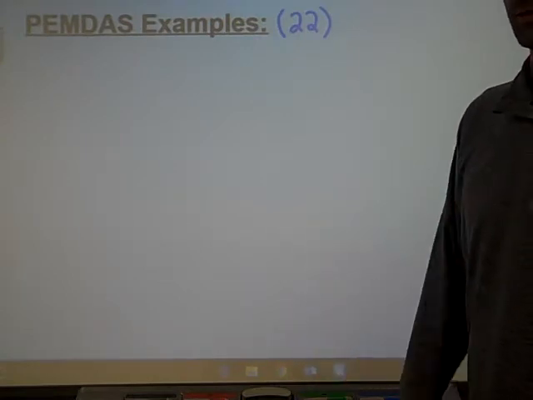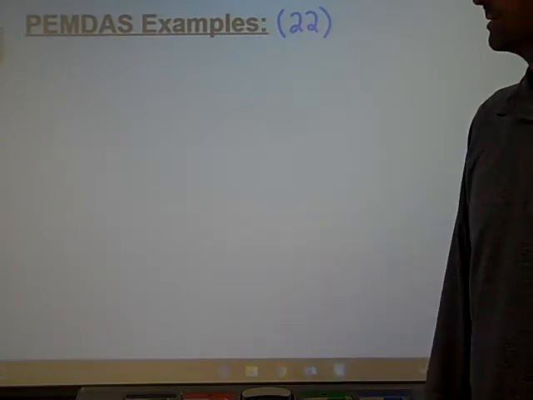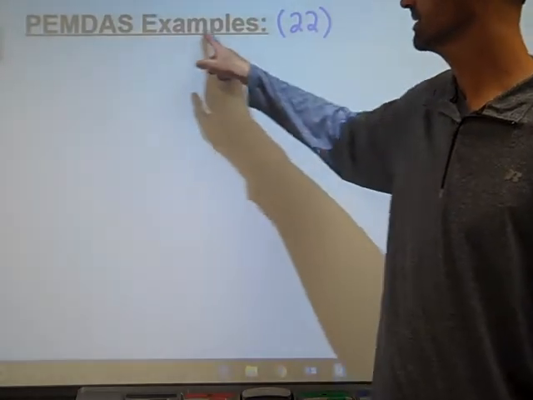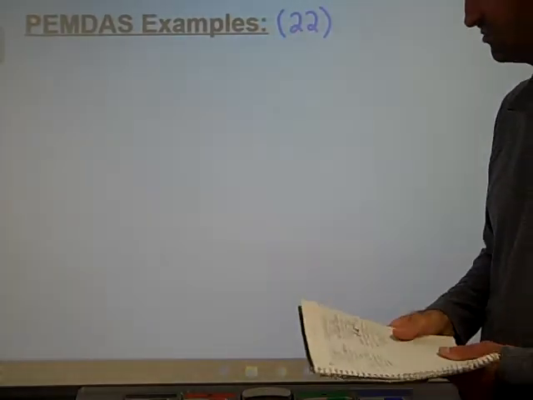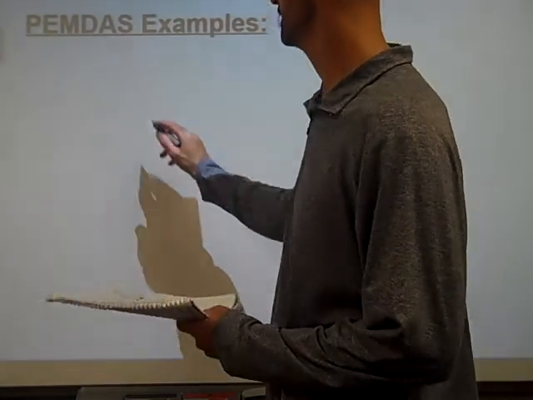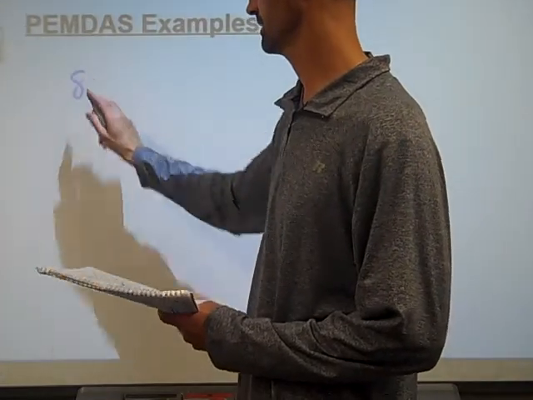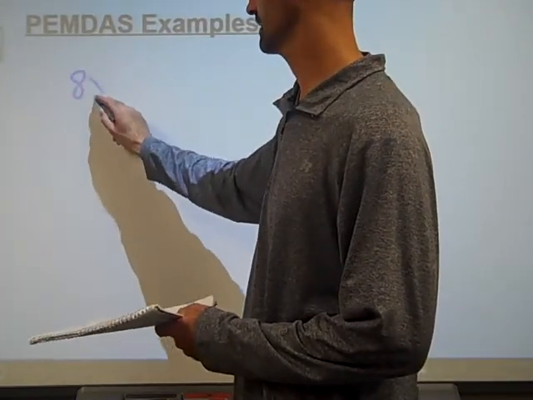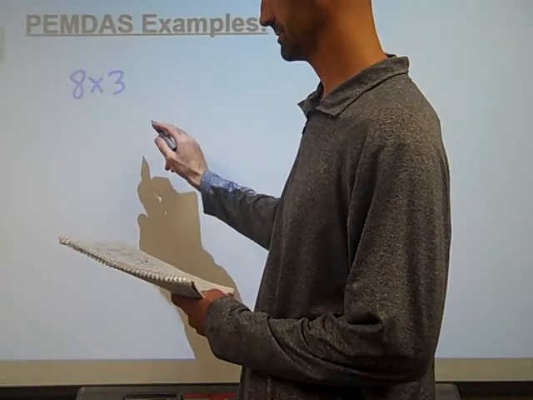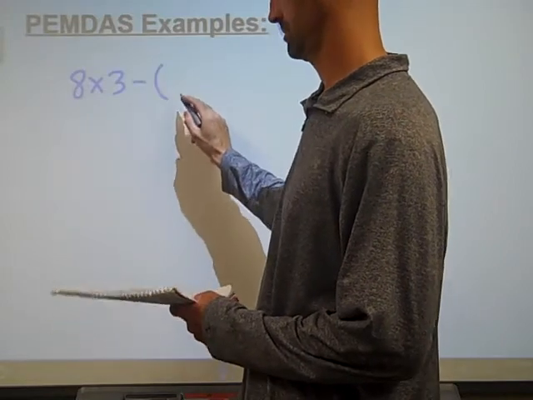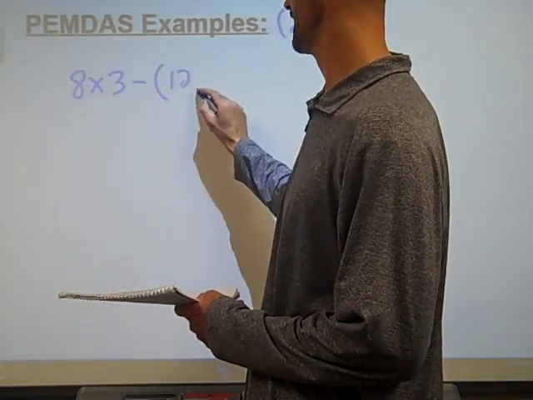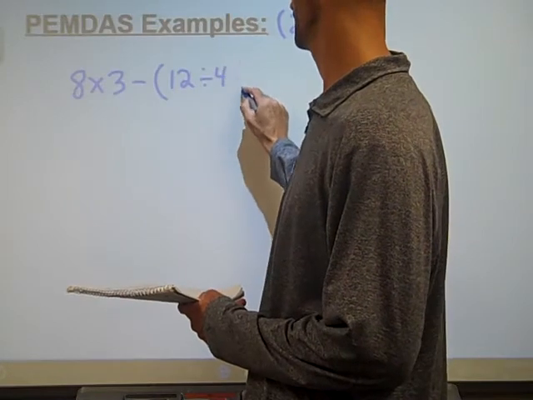Again, pausing the video if you need to. So the top of page 22 should look like this. And then here's the next one, getting a little bit more difficult. And again, please copy what I have.